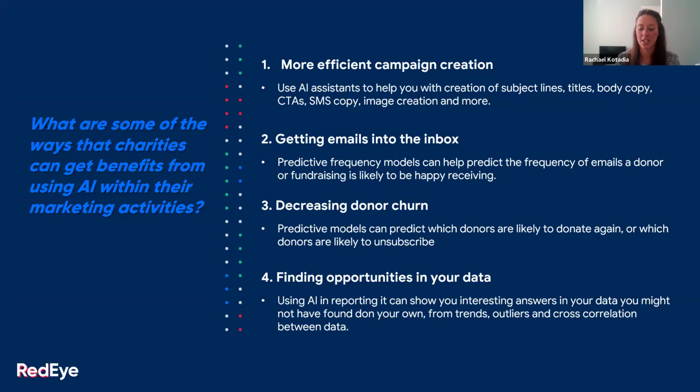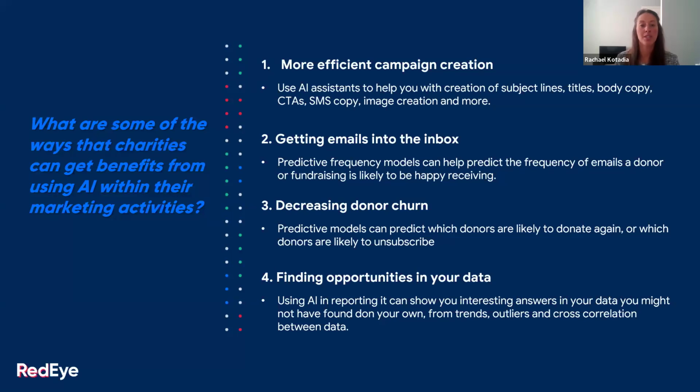Another common challenge that we as marketers face is getting our emails into the inbox, and deliverability is a really vital factor, impacting whether your donors and your fundraisers are even engaging with your campaigns. Predictive AI, such as predictive frequency models, can help predict the frequency of emails that a donor or fundraiser is likely to be happy receiving.